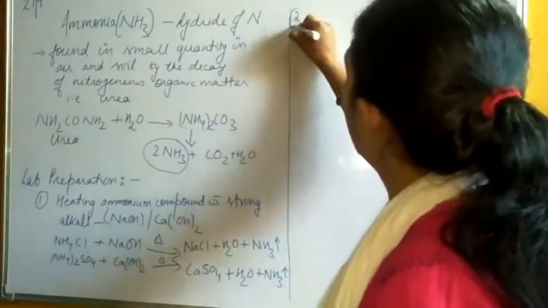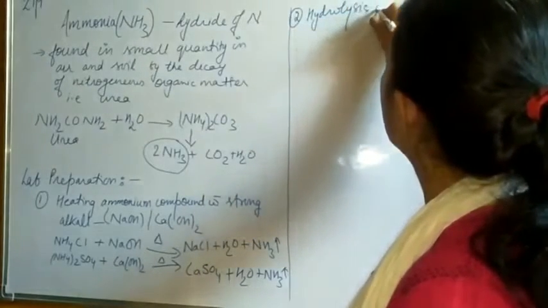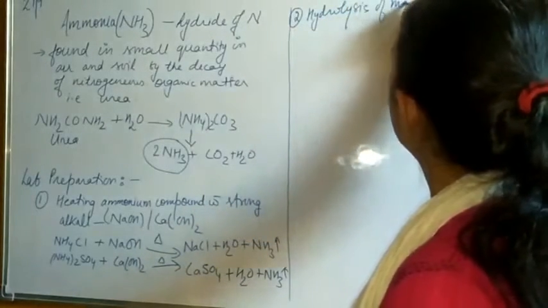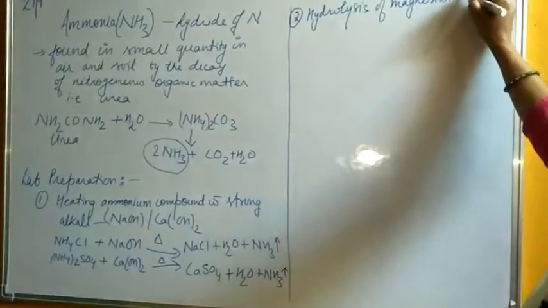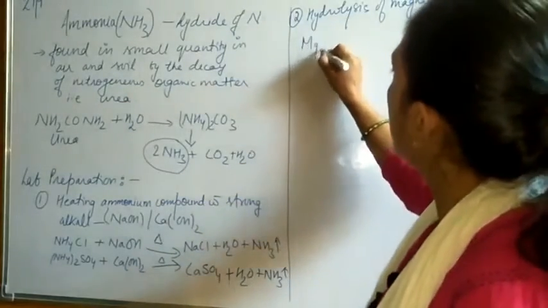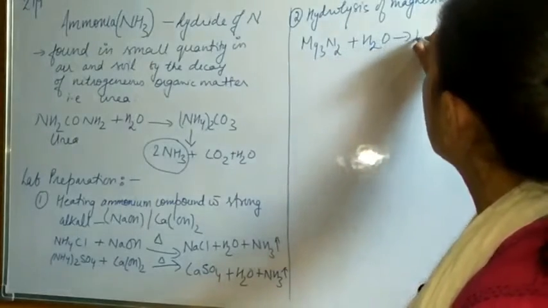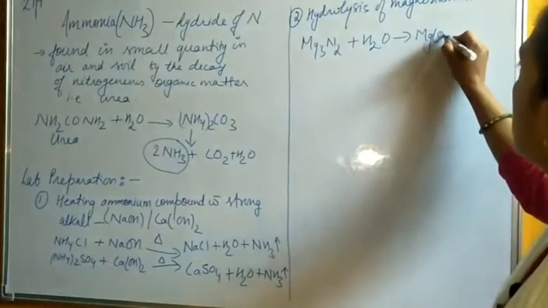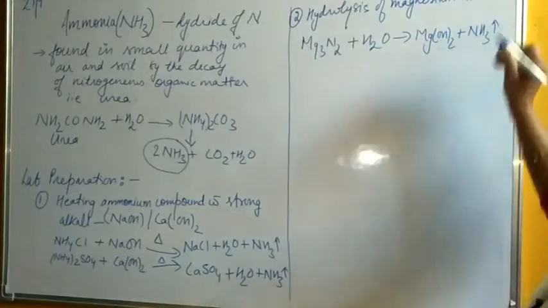Now, students, the second is by hydrolysis of magnesium nitride, that is Mg3N2, and if the hydrolysis takes place, it will form magnesium hydroxide plus NH3 gas liberated.